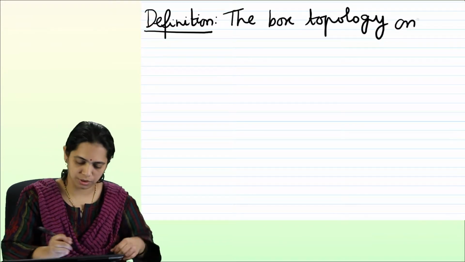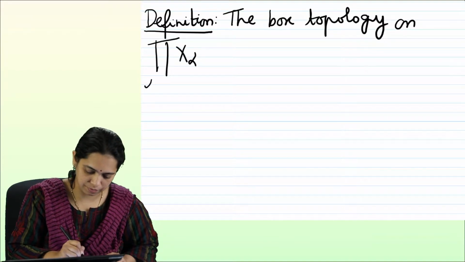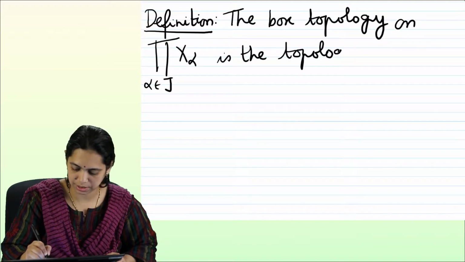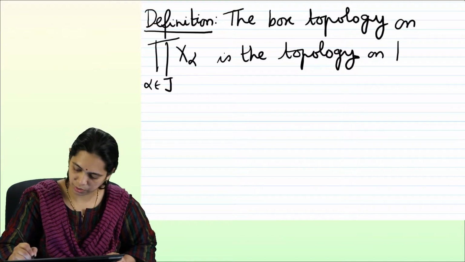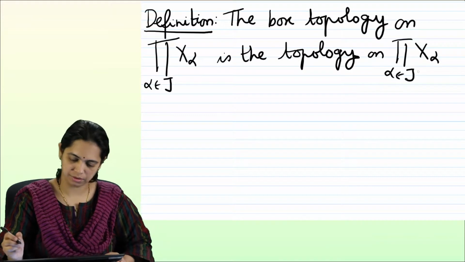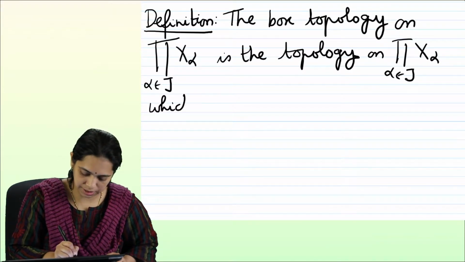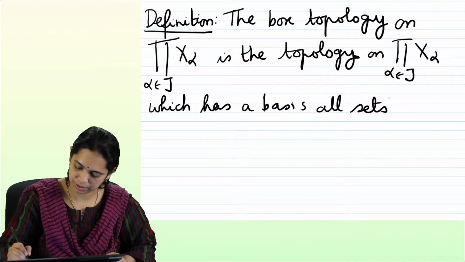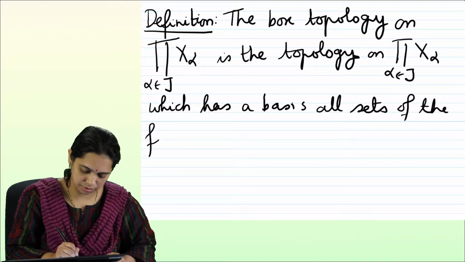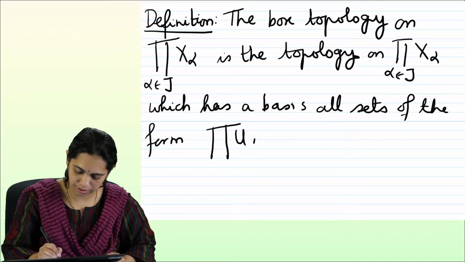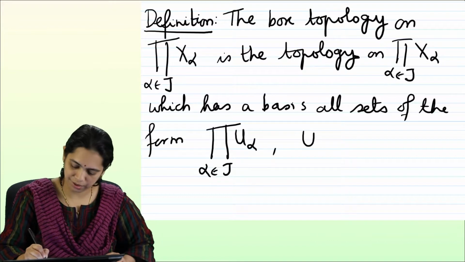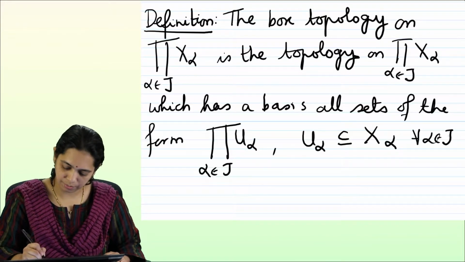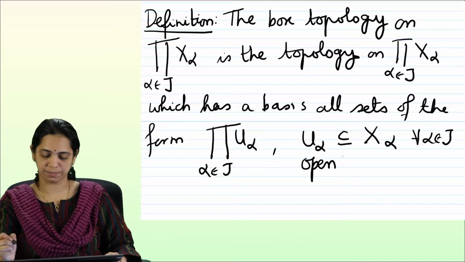So, the box topology on the product X alpha, where alpha varies over J, is the topology defined in terms of basis elements on that set which has as basis all sets of the form product U alpha as alpha varies over J, where U alpha is a subset of X alpha for every alpha in J. Moreover, U alpha is also an open subset of X alpha.